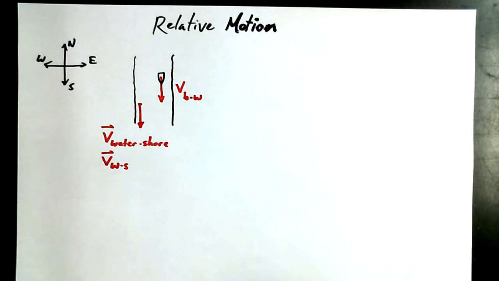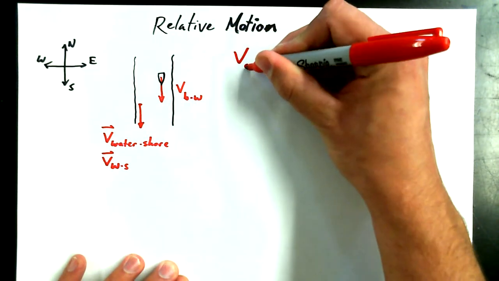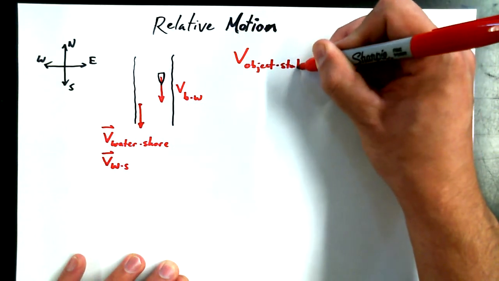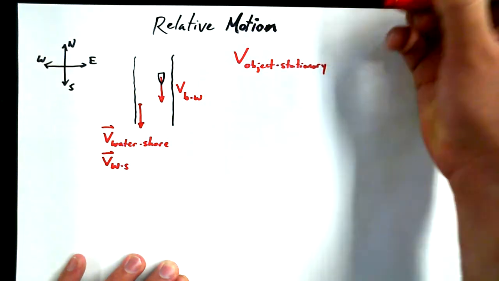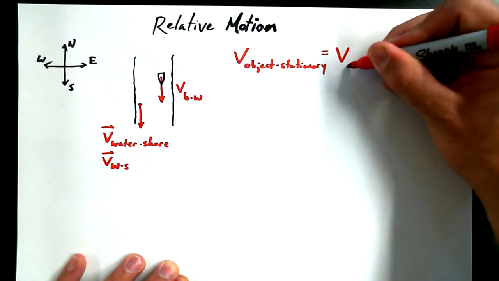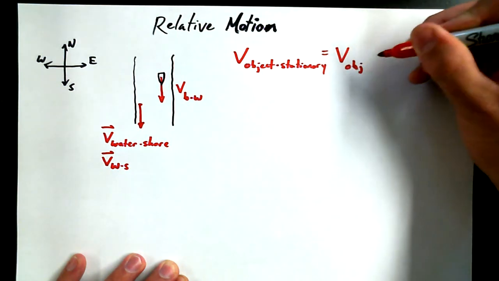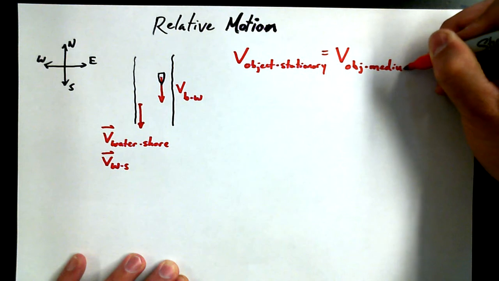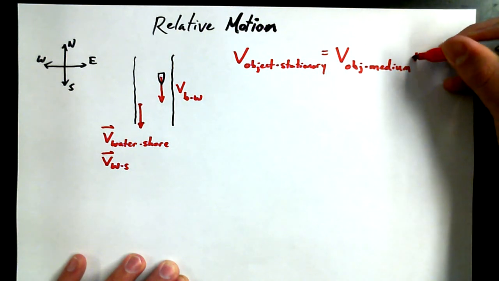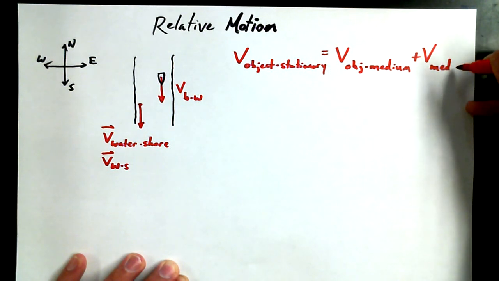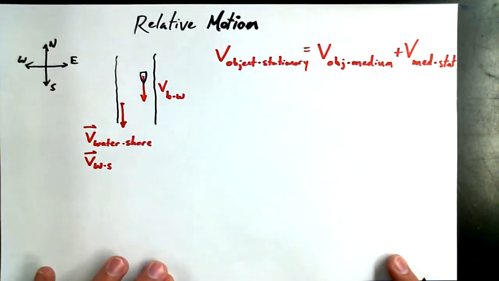And people say, if I want to find the velocity of an object relative to something stationary, I have to think about it as the velocity of that object, and I'll just short form that as OBJ, with respect to the medium in which it finds itself, plus the velocity of the medium, I'll just short form it as med, with respect to some stationary reference frame.